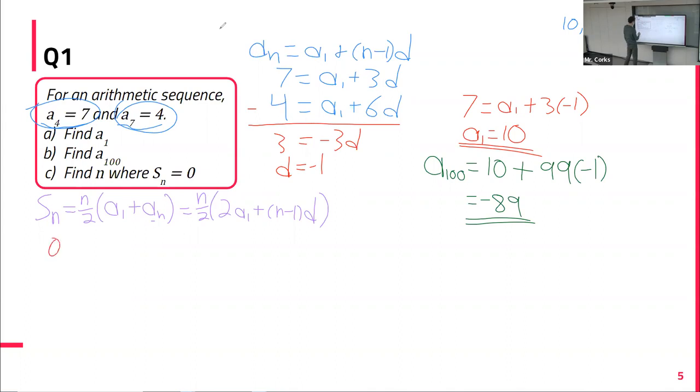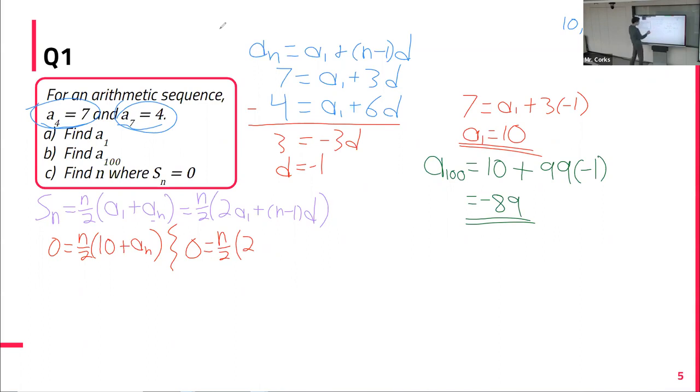We would have 0 equals n over 2 times a1, which we know is 10, plus an. So we would have one equation with two unknowns, and that's not solvable. On the other side, though, we have 0 equals n over 2 times 2 times a1, so that's 20, plus, let's just combine this and skip some steps here.